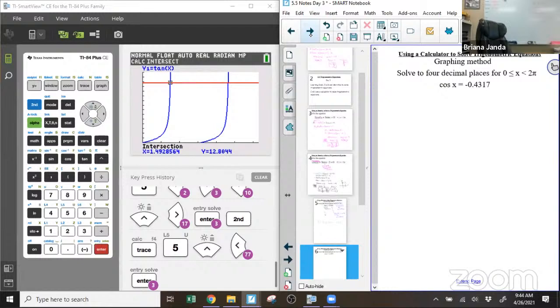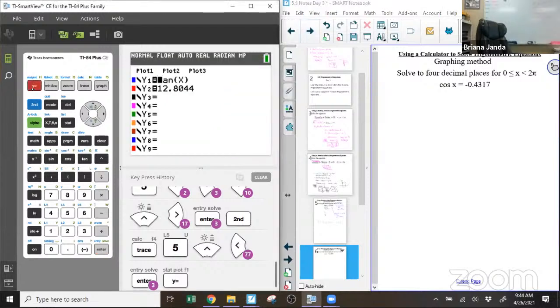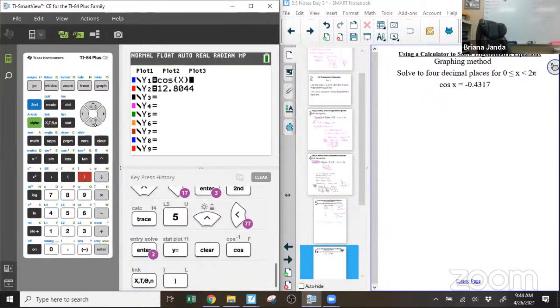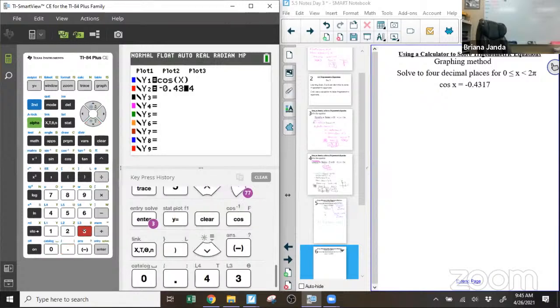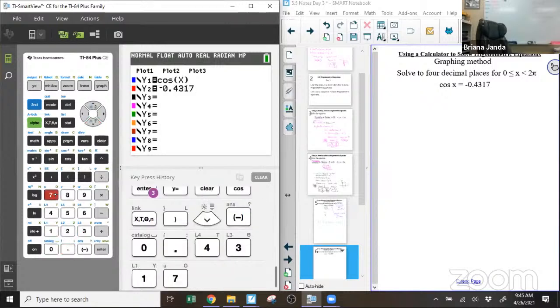Already solved for. So I'm going to go to my y equals, put in cosine of x, put in one side of the equation, put in the other side of the equation, negative 0.4317.